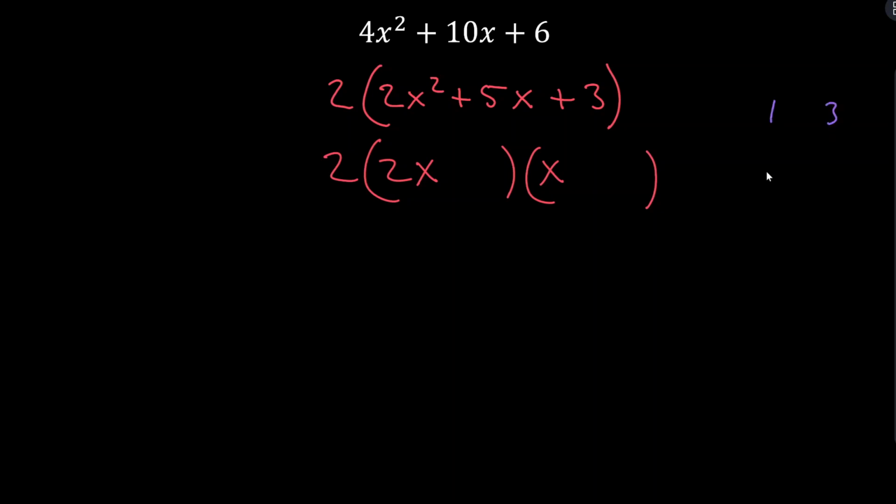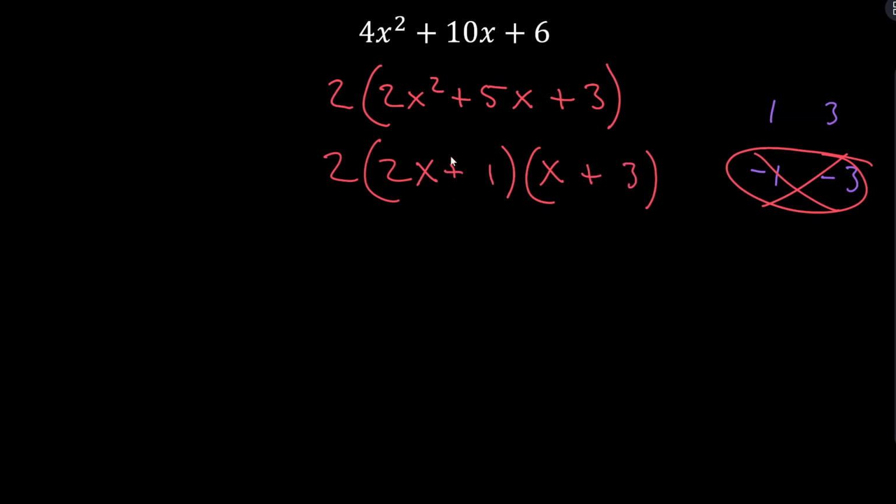Well, 1 and 3, or -1 and -3, but for the same reason as the last example, we can eliminate -1, -3, because this here has to be positive. So we know our only choices are 1 and 3.